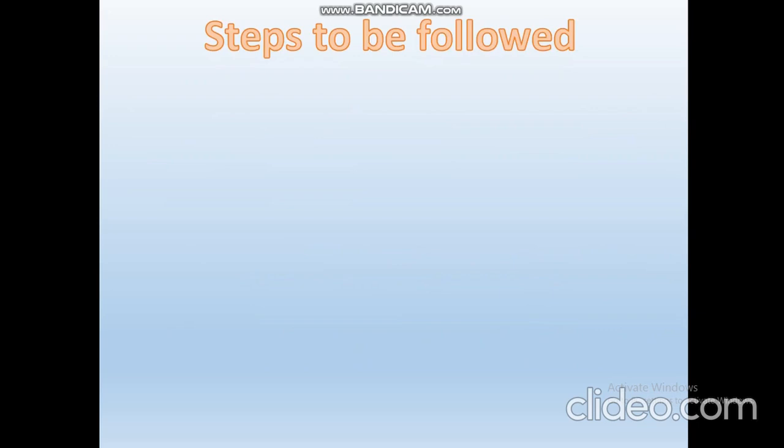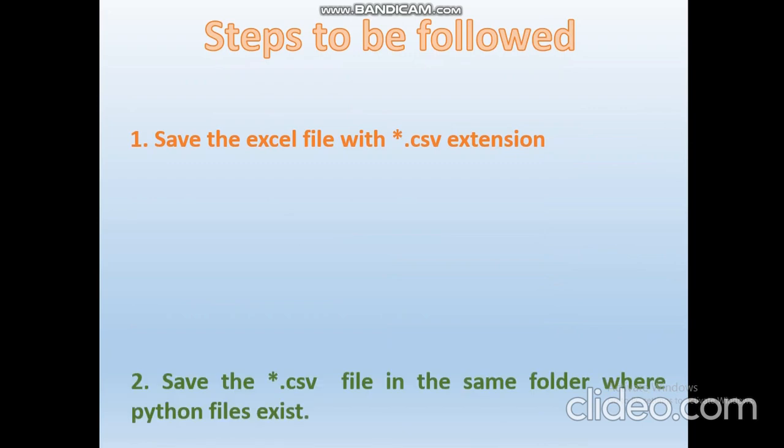Now, important is your steps to be followed. First step which you have to do, that you have to create Excel file with extension CSV. Means you are saving the Excel and again you have to save it as CSV extension. I will show you the step.